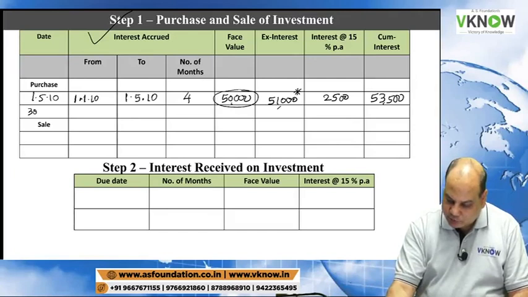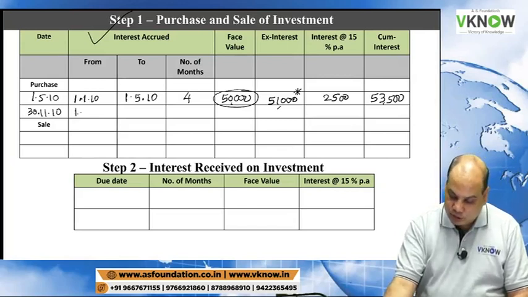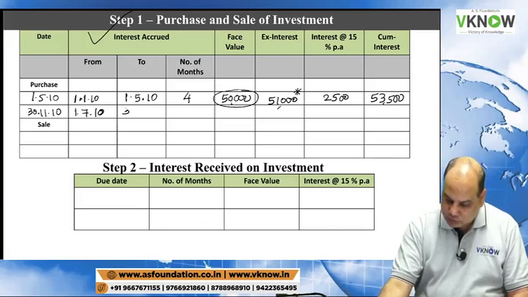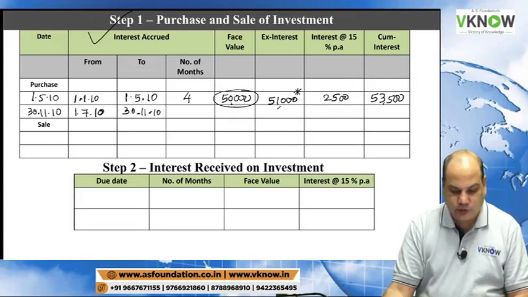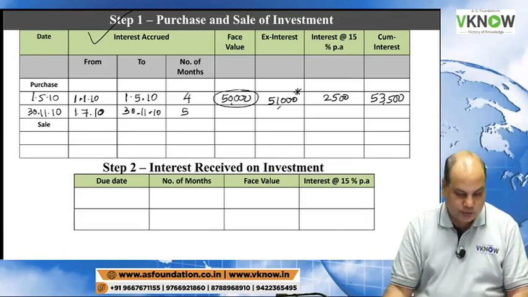Another lot is purchased on 30th November 2010. Interest is already paid up to 30th June. Interest will start from 1st July 2010 to 30th November 2010: July, August, September, October, November, 5 months.